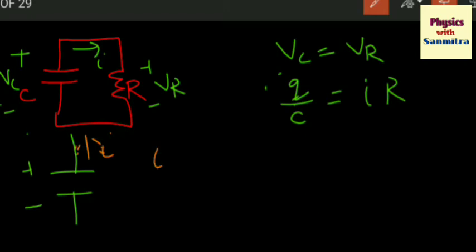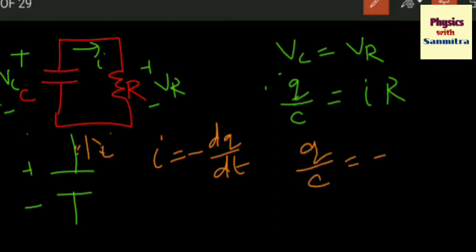So I have to write I is equal to minus dq by dt. This minus sign will come because the rate of decrement of charge is represented by I. So q by C is equal to minus of dq by dt into R.